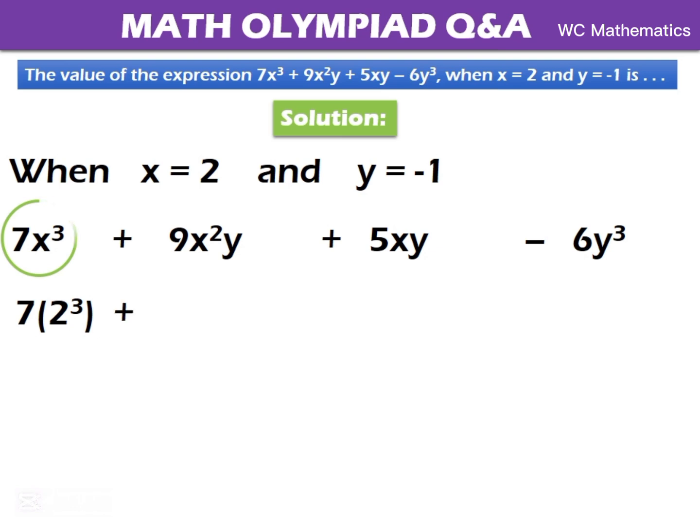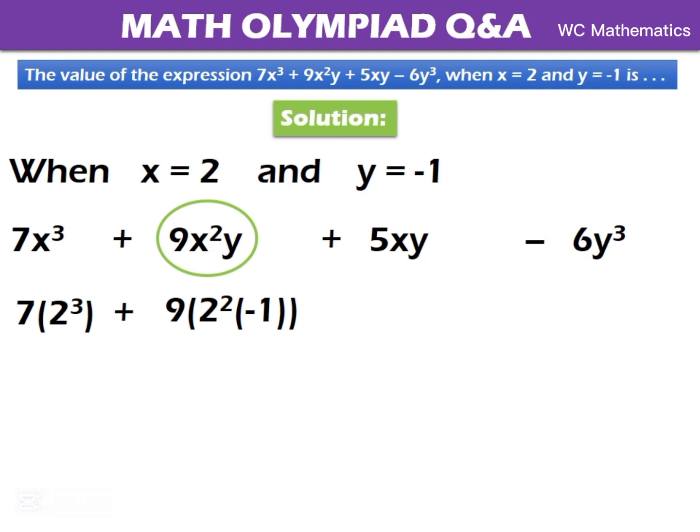So we keep the plus sign, and the next term 9x squared y now becomes 9 into bracket 2 squared times minus 1. As you can see again, x has been substituted for 2 and y for minus 1. So x squared becomes 2 squared and y becomes minus 1.